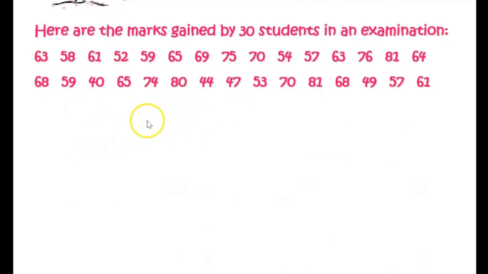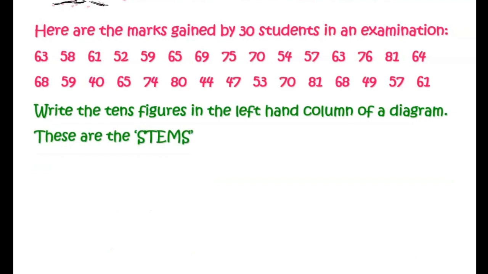We'll be representing this data using a stem and leaf diagram, and I want you to take a very close look at the data set you see here. Then you're going to identify the smallest number and the largest number. So let's proceed. Now we're going to write the tens figures in the left-hand column of a diagram, and that will represent the stems.